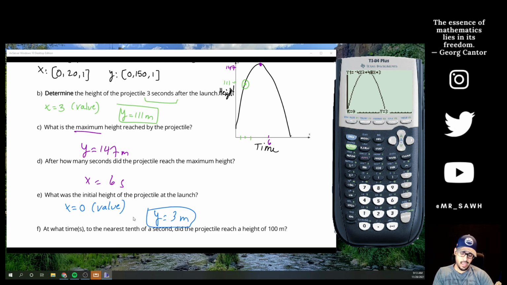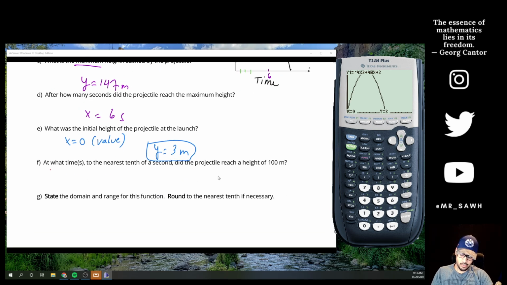Part F says, at what times does this projectile reach a height of 100 meters? Well, I know that 111 is this green point, so maybe 100 is somewhere down here. But you can see that it happens twice. Again, this is the case where we did intersect. So we're going to put our 100 into y2.